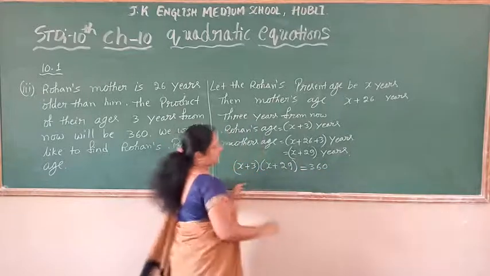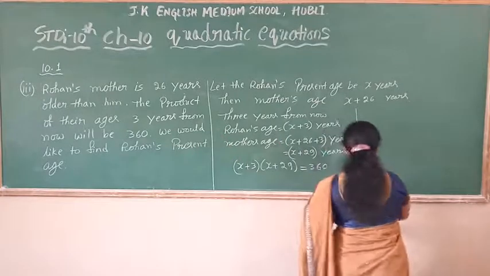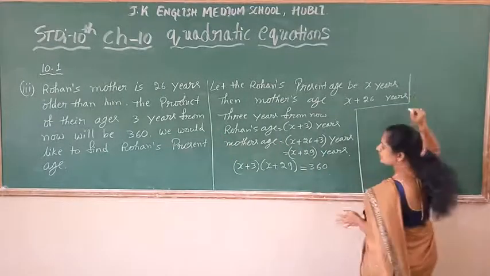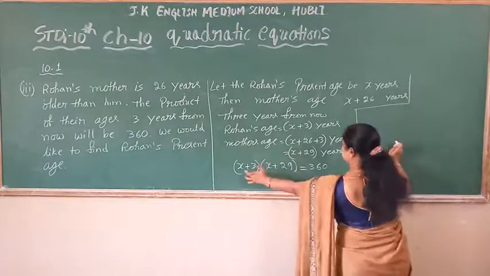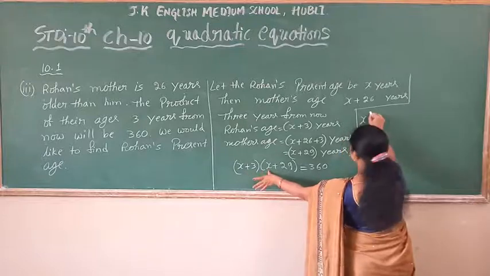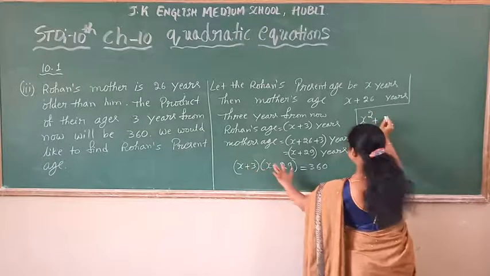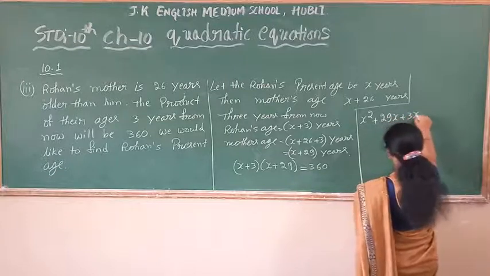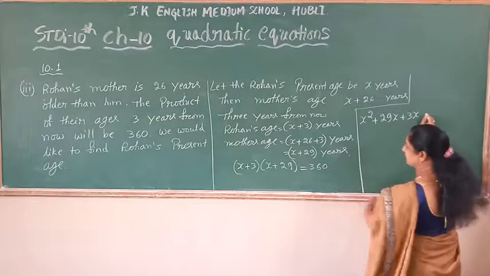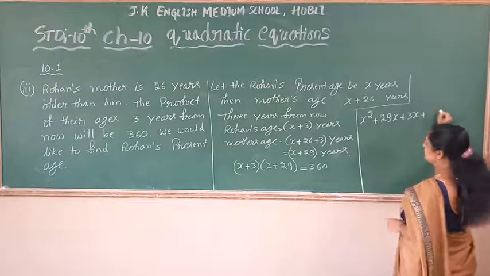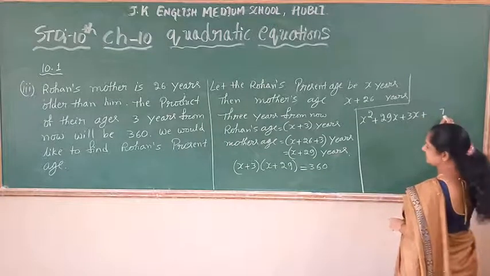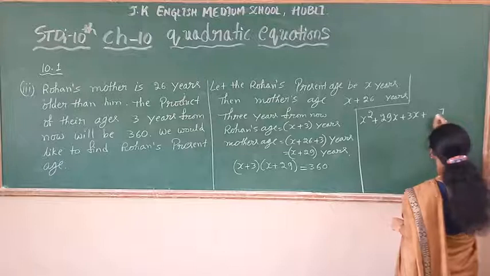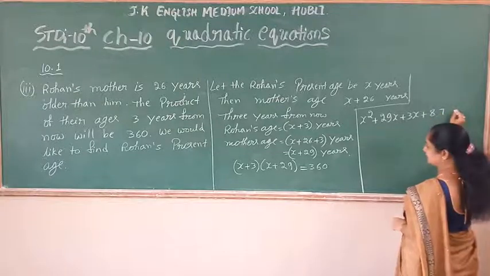Now you multiply and write it in the standard form of a quadratic equation. X into X is X square, plus 29x, then 3x, then 3 into 29 is 87.